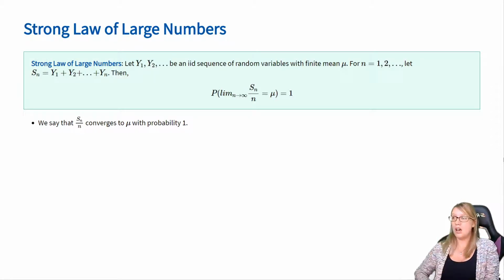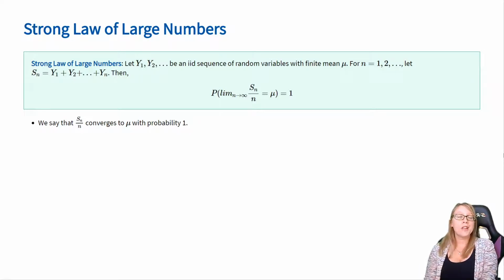Now here's the stronger form of the law of large numbers. Essentially, if we want to make a slightly stronger statement about what is happening to the sample mean, we can show that the probability that the limit as n approaches infinity of the sample mean equals mu is 1. In other words, the sample mean converges to mu with probability 1.